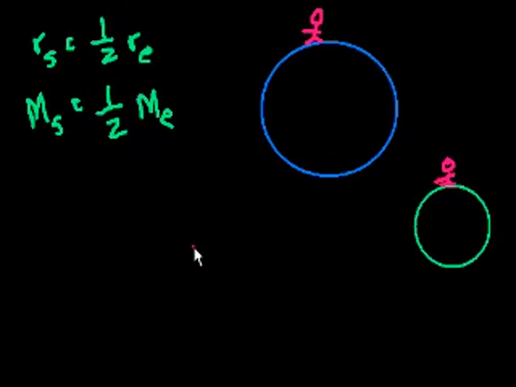So what is the pull on me on Earth? Well, my weight on Earth, the force on Earth, is going to be equal to the gravitational constant times the mass of me, m sub m, times the mass of Earth, divided by what?